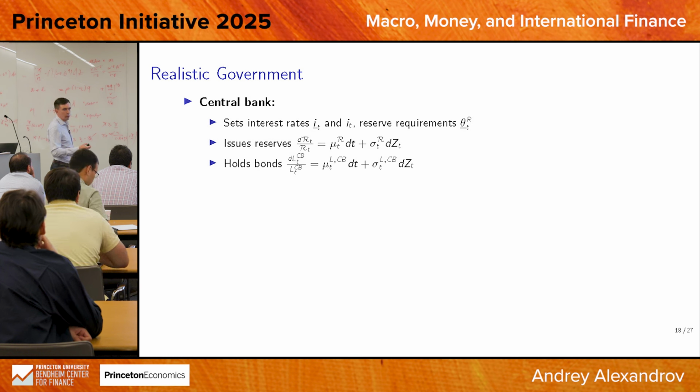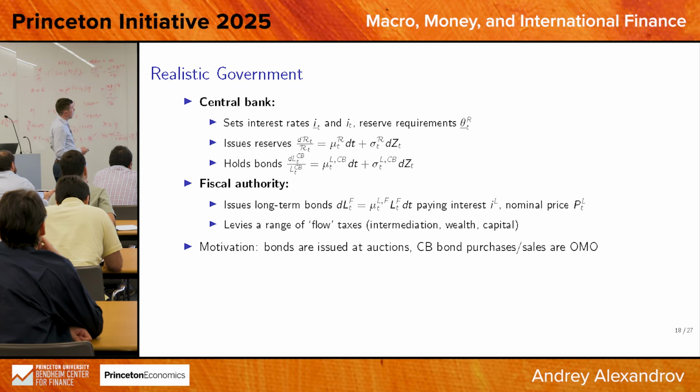In the same fashion, it can purchase or sell long-term bonds, again with a drift and with a volatility loading. So the central bank is going to be, in some sense, fast in this setup. The central bank would be able to load its long-term bond purchases and reserves issuance directly on this aggregate risk.